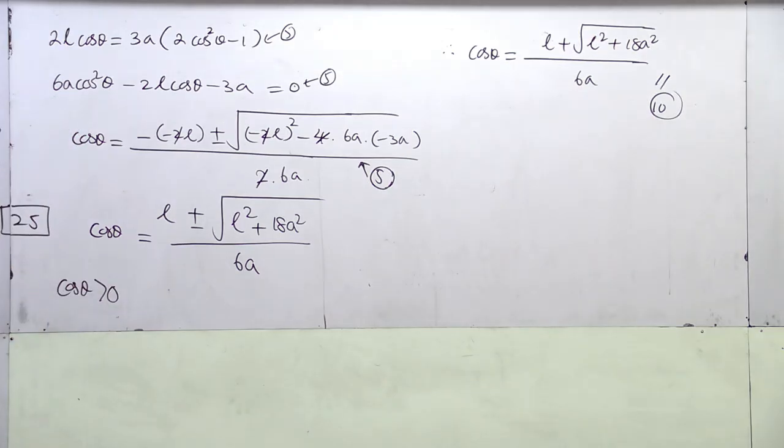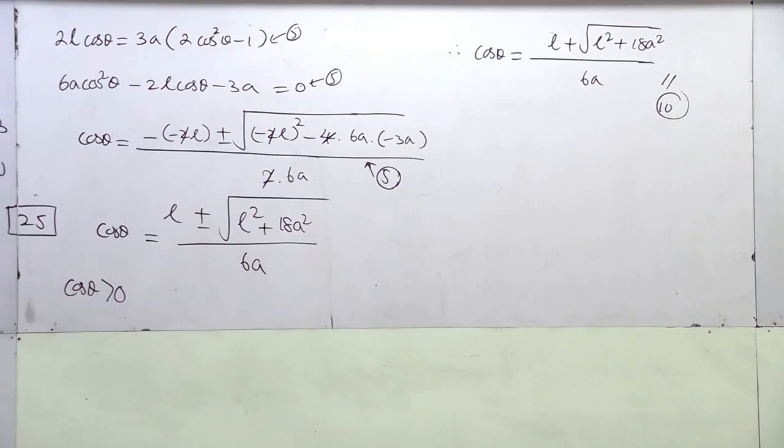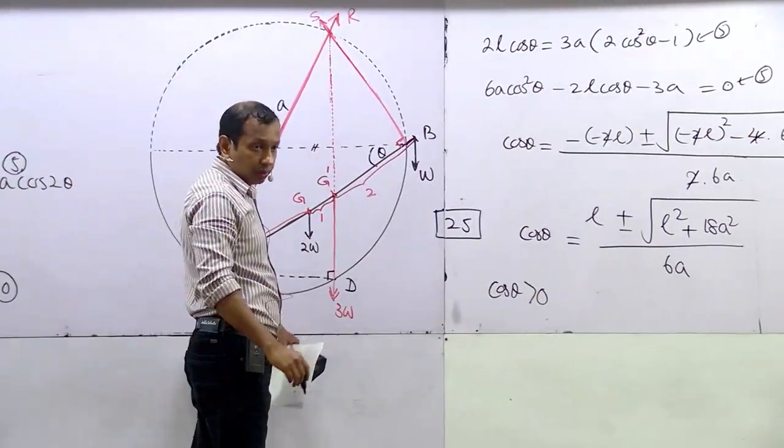Okay, next one. The length of the part of the rod projecting beyond the rim is this R, right? This small part. What is the length from here to here? 2L. From here to here, this is 2A, this is theta, so 2A cos theta.